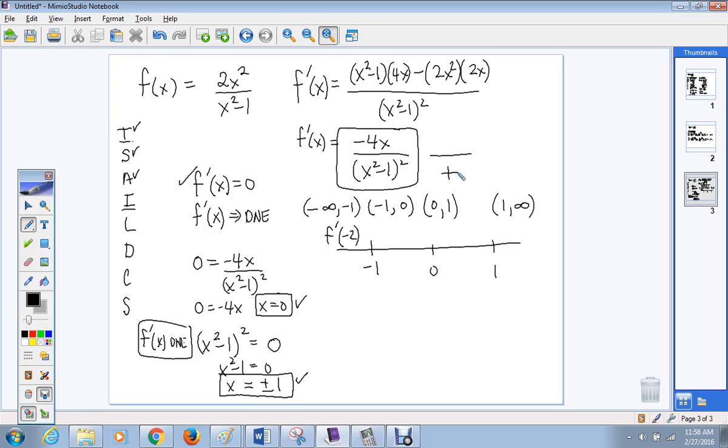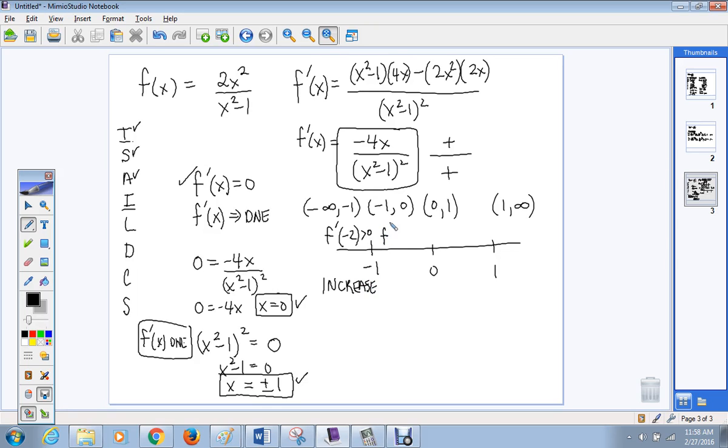So I see a positive number always coming out of the denominator. Now if I plug negative 2 into the numerator, I get negative 4 times negative 2 is positive 8. So I would have a positive divided by a positive gives me a positive value. So we know it is increasing on this interval, negative infinity to negative 1.